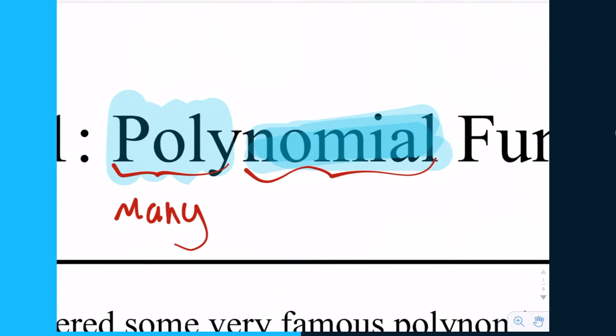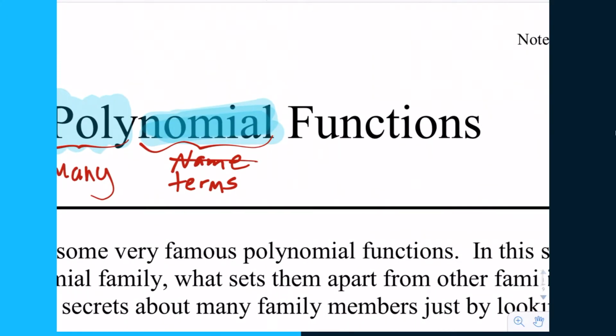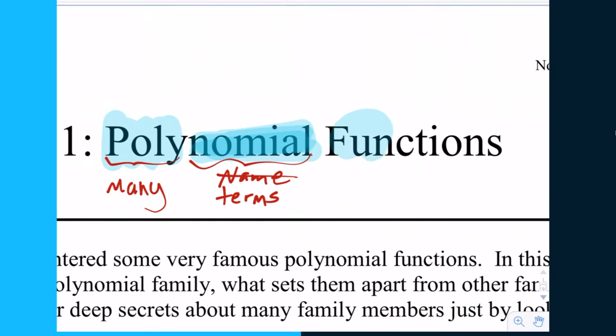It's a structure by which we can name. So nomial means name, literally. But in our examples, nomial is going to mean not name, but terms. Okay? So a polynomial means a many-termed something, and we're going to be looking at polynomial functions. So we're going to be looking at many-termed functions.